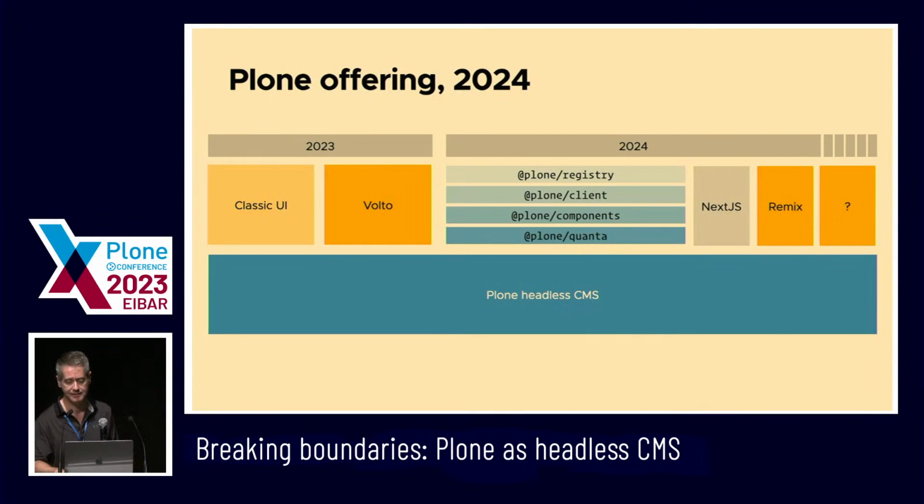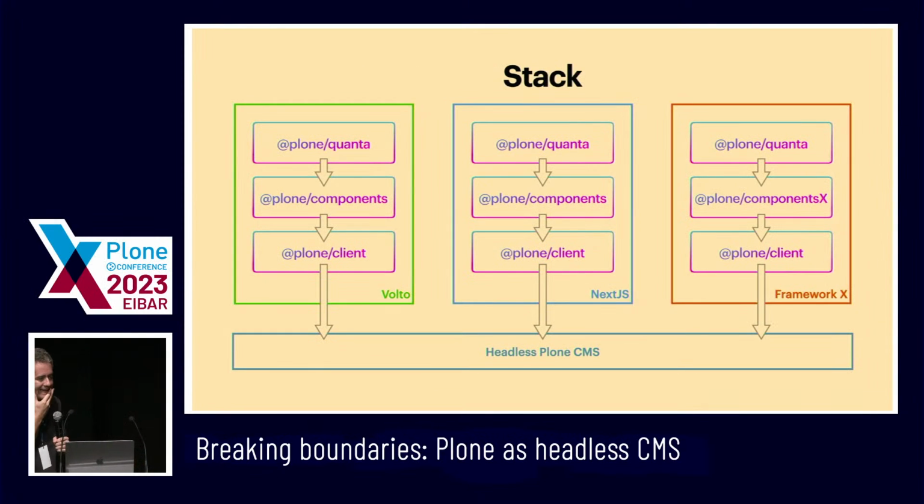And as I said, this is only the beginning, but it is possible because I think we really do have a Plone headless CMS on our hands. Right? So what will be the stack then? This will be the stack. We will have Quanta, then the components, then the client, then Volto, then querying our headless Plone CMS. And then in Next.js, the same. And in the X framework, whatever, we will also have the same, right?